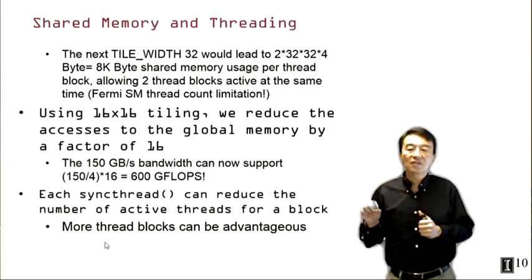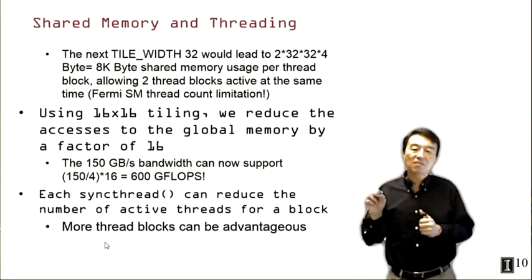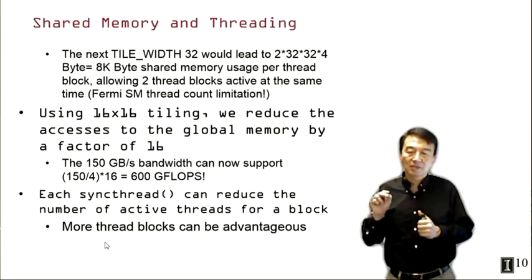So this gives us the maximal floating point performance we can potentially achieve with this tiled algorithm. It's 150 divided by 4 multiplied by 16, which is 600 gigaflops. And this is much, much closer to the 1 teraflop peak number that the Fermi GPU is designed for.